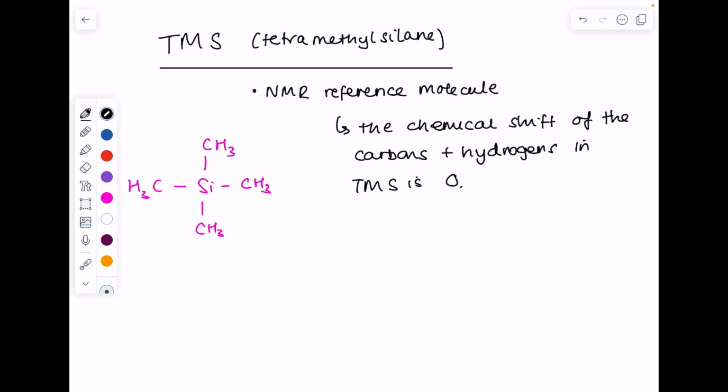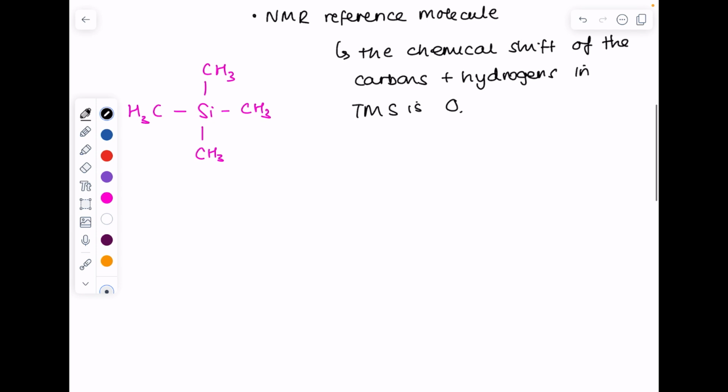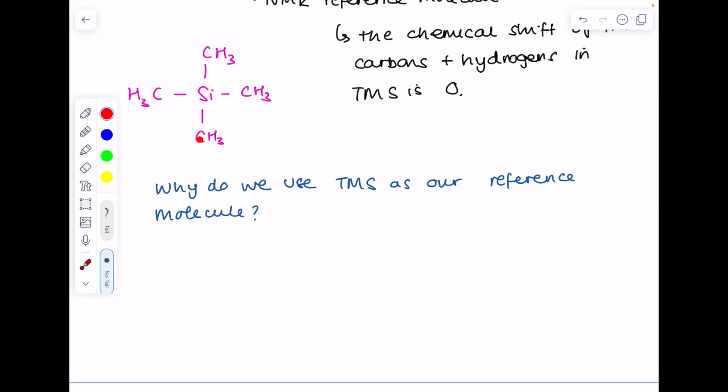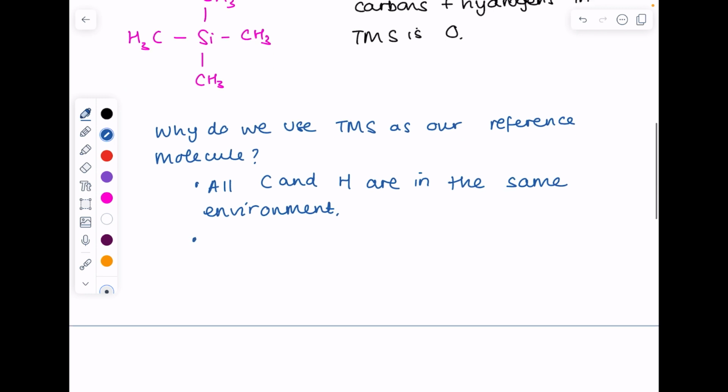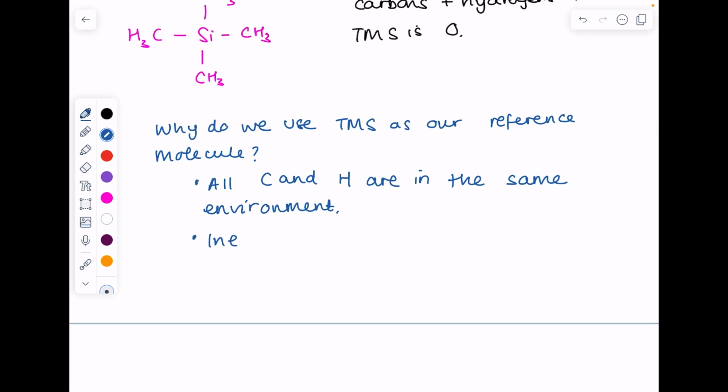And why do we use TMS as our reference molecule? First of all, it's because all the carbons and hydrogens are in the same environment. Look, it's a totally symmetrical molecule. Other useful properties, it's inert, so unreactive. It's non-toxic.